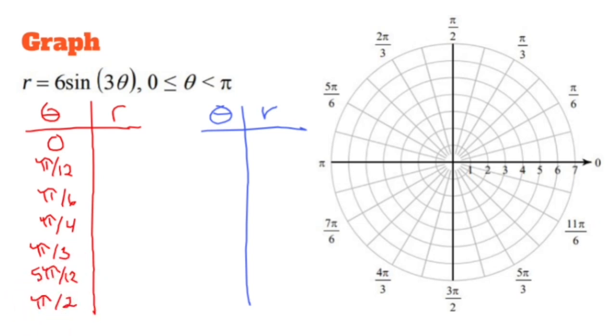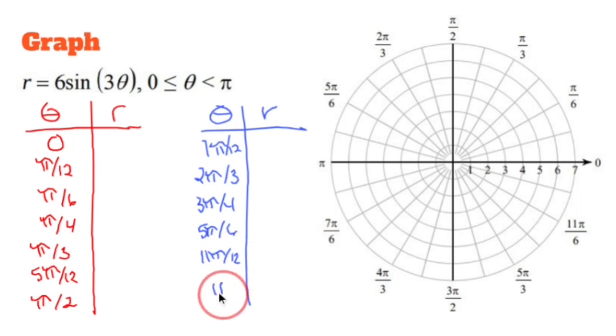And then I'm also going to plug in 7 pi over 12, 2 pi over 3, 3 pi over 4, 11 pi over 12, and just to have some fun, I'm going to plug in pi, even though I'm not supposed to. I'm doing it anyway.